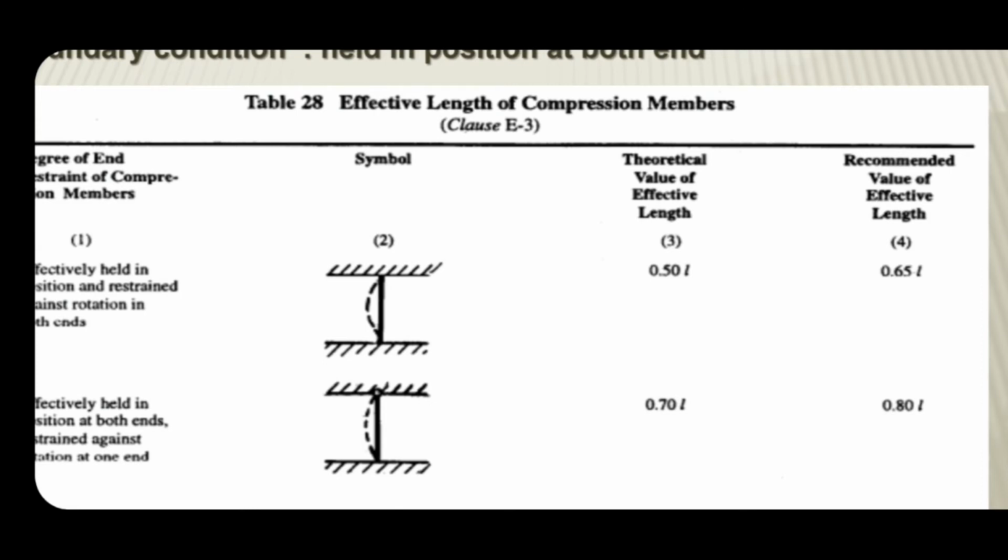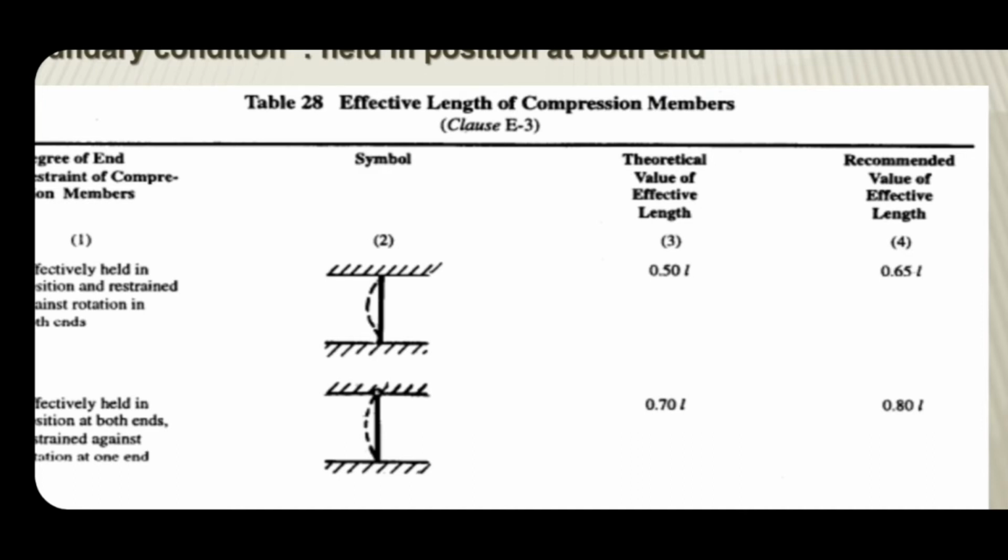In this, L represents the unsupported length and the numerical part is the effective length ratio. Since the idealized boundary condition cannot generally be realized in actual structures, the code recommends more conservative values for effective length ratios than the theoretical ones. So we can use the values in the fourth column.